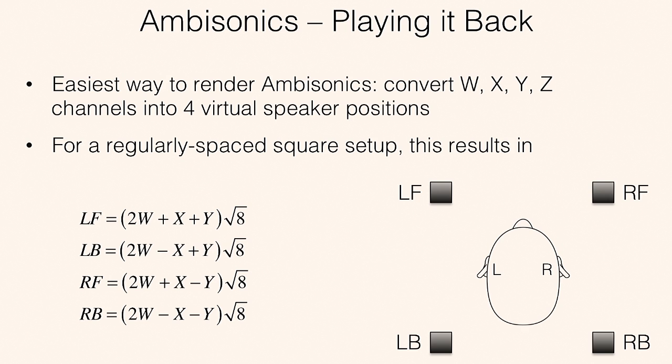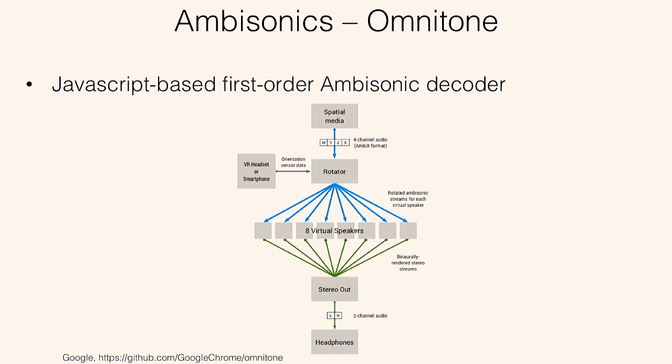What you can do here is just a simple matrix operation that takes the W, X, Y, and Z components and splits them up into the speaker components. However, for real implementations, you're going to want a larger number of speakers and a faster implementation.